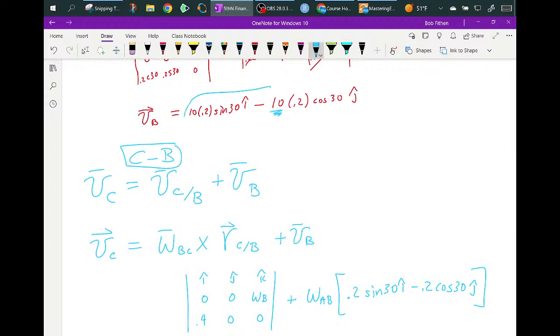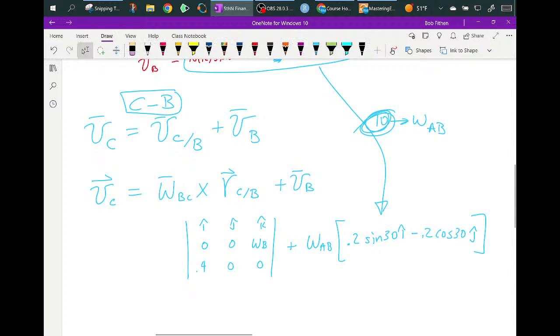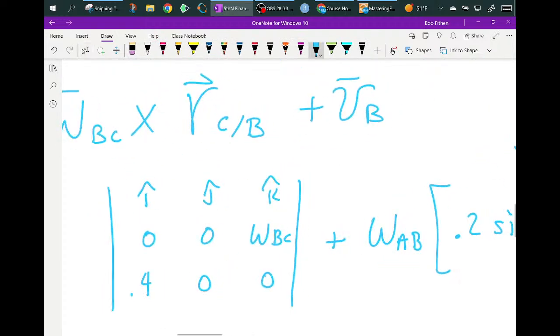I'm basically taking this and writing it right here, replacing back my omega with 10, omega AB, just in case there's another value besides 10. Okay, now this should say BC.